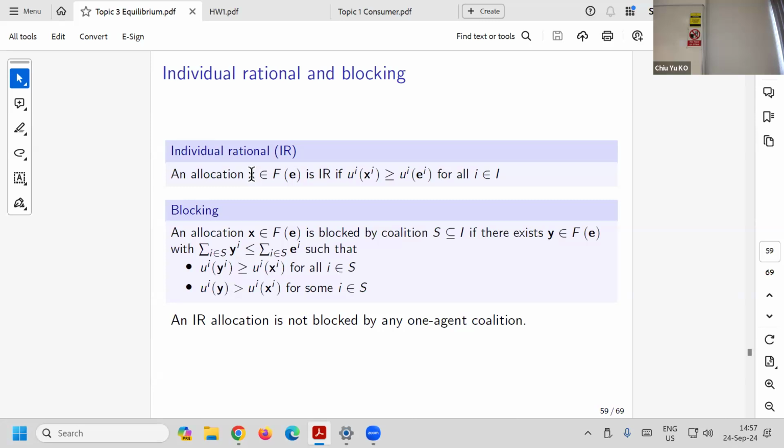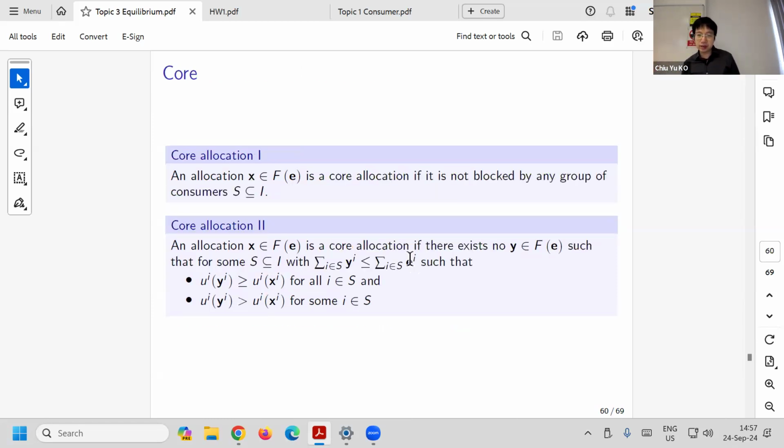IR means they block by themselves, one person blocking. Blocking by a coalition means a group of people. It's a more general concept, because the first is blocked by one agent exiting the system, and this is blocked by a group of agents. That comes with the first cooperative game concept, called the core. The core is an allocation that is not blocked by any subset of agents.